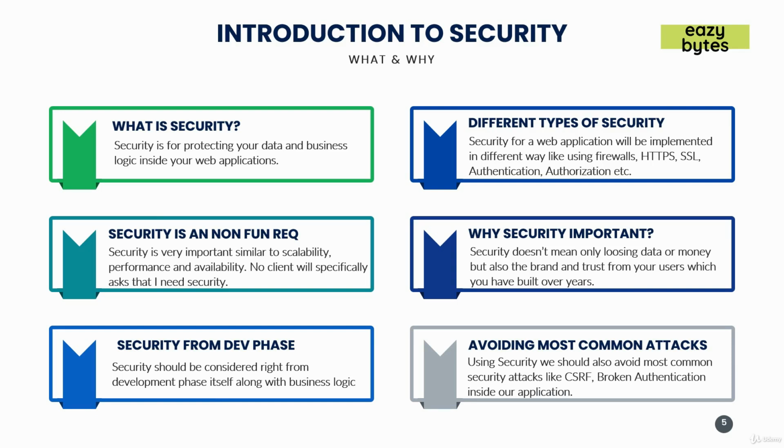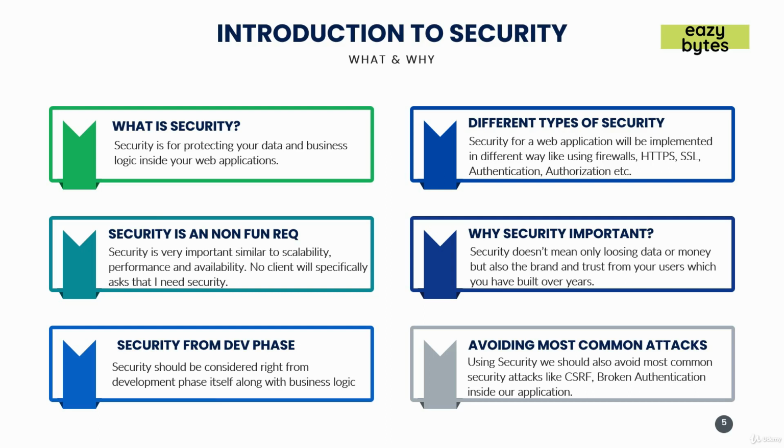If you ask me what exactly security is for any web application, I will answer: security is for protecting your data that is staying inside your database or in the backend, along with whatever business logic you wrote inside your web applications. If you take any of our client applications which has JavaScript and HTML, anyone can see that code.